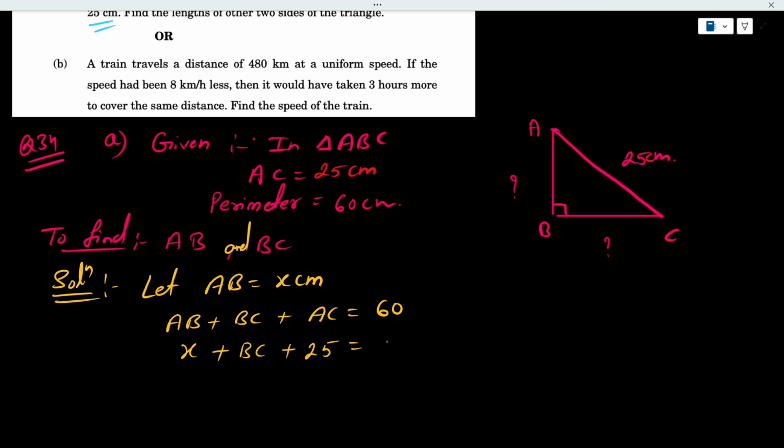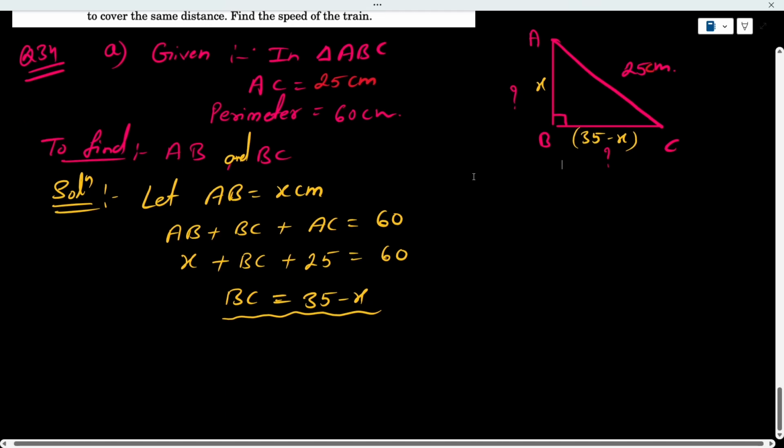So 60 minus 25 is going to be 35, so BC is 35 minus x. If AB is x, this is 35 minus x, right?